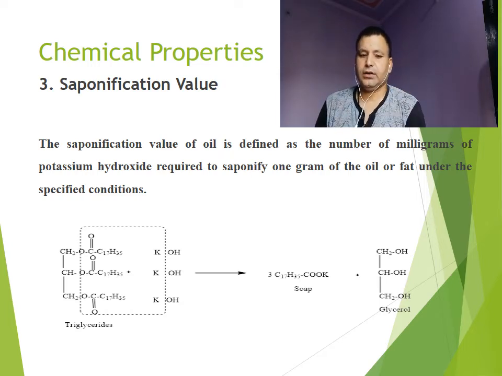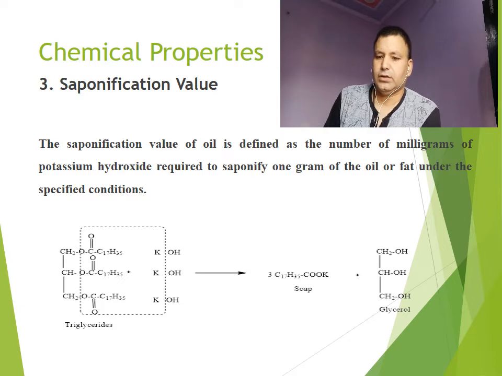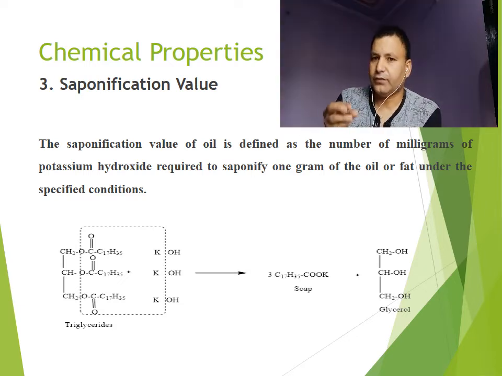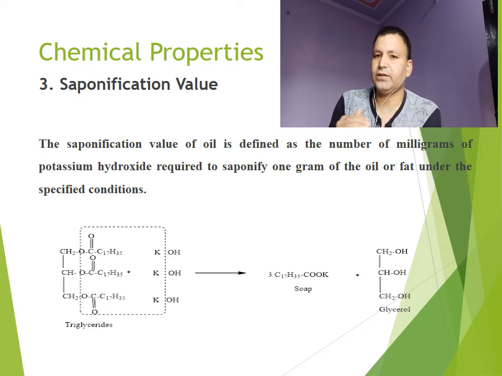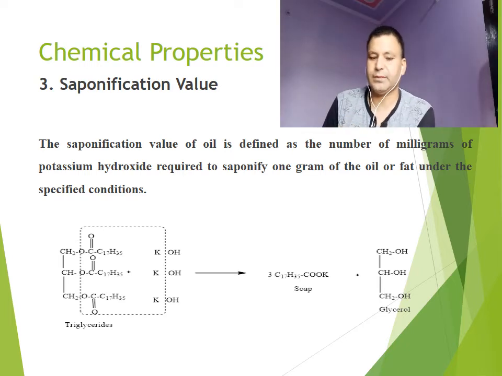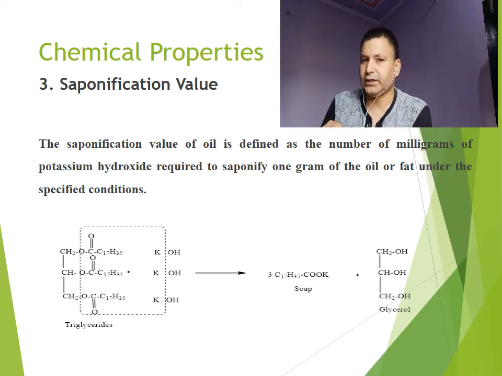And this saponification value of the fat and oil is minimum in any substances. If the saponification value is maximum in the fats and lipids, it shows that soap is formed, and the actual amount of alkali required by triglycerides for conversion to soap.